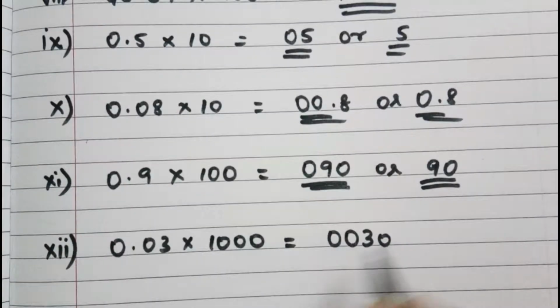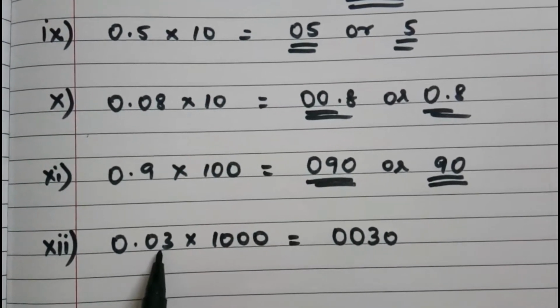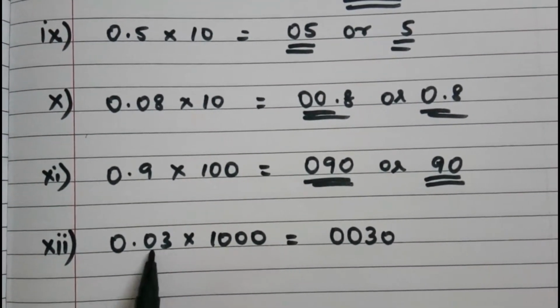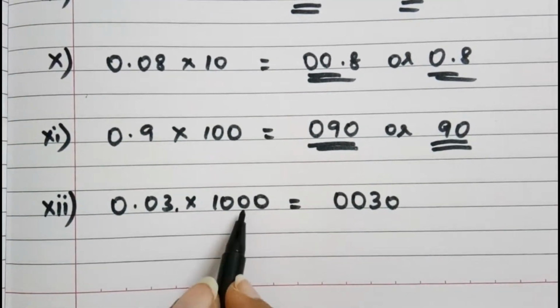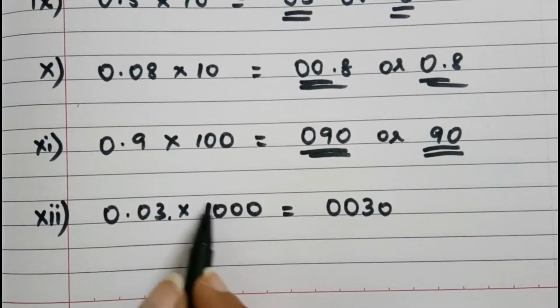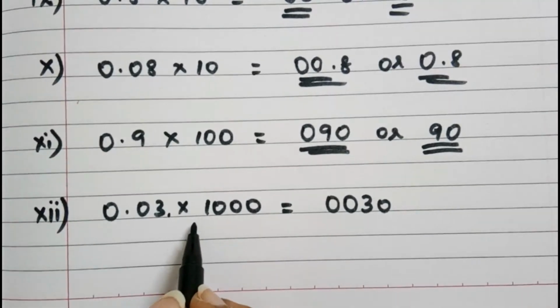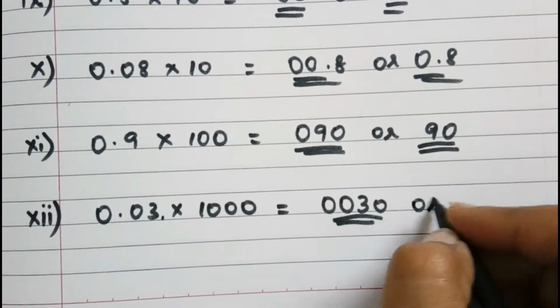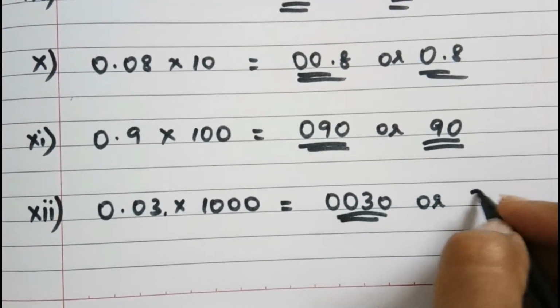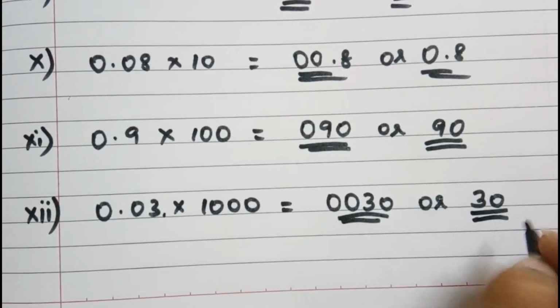Why 0, 0, 3 and 0? Because there are two numbers. So this decimal point moved two steps here, but here there are three zeros. So we'll have to add one more 0 to make it move outside. Clear? So you can either write like this or the answer would be 30.